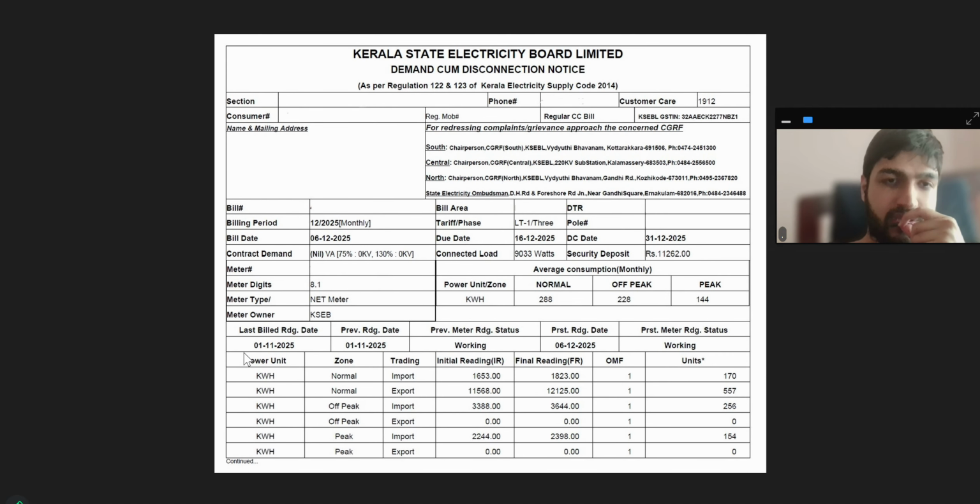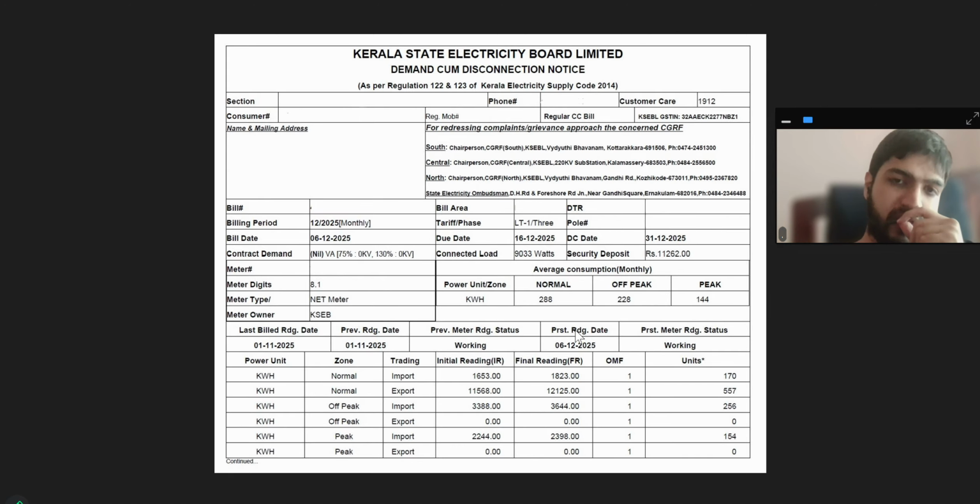So here you can come here, last bill reading date. So the last time the bill reading was taken, it was 1st of November. The previous reading date. Now, the previous reading was taken on the same day as the last bill, so it's again 1st of November. Previous meter reading status. It was a working meter. If it was a door lock or something, it would have been written here.